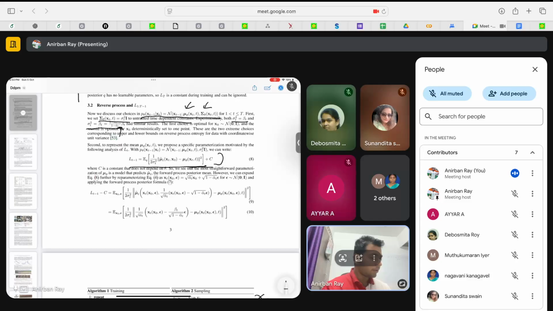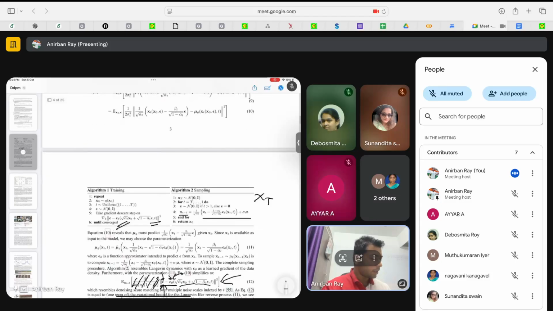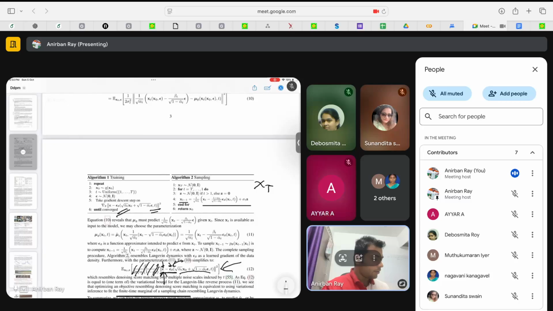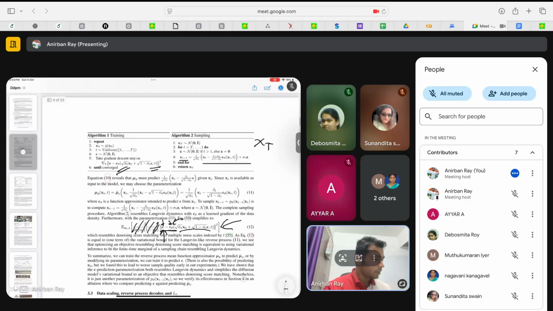Now they simplify, and you end up with this loss, which can be written like this. So mu theta has to be learned, and xt, you know.